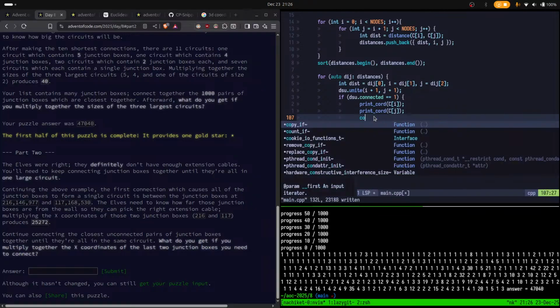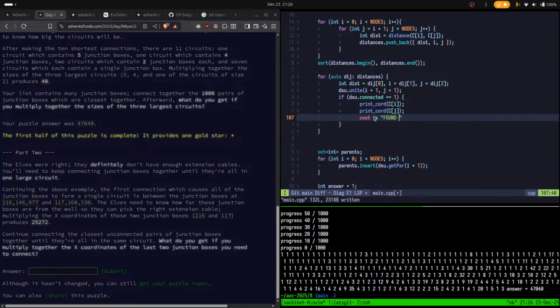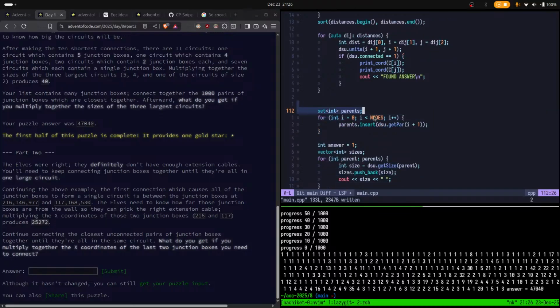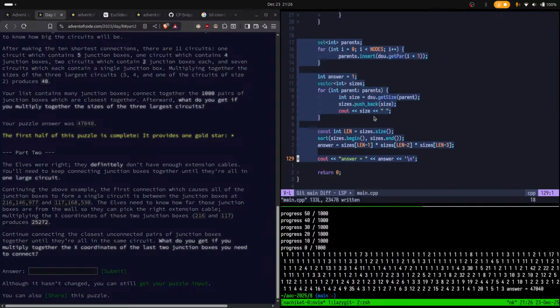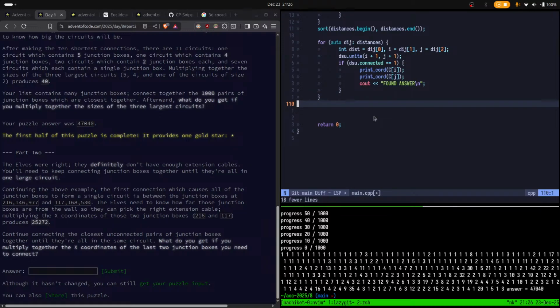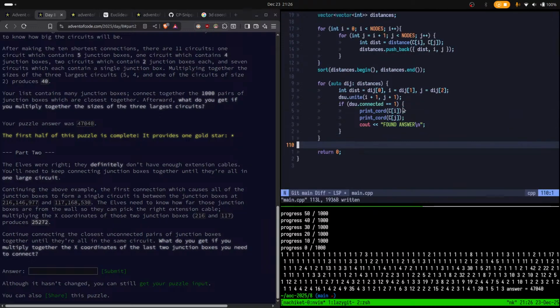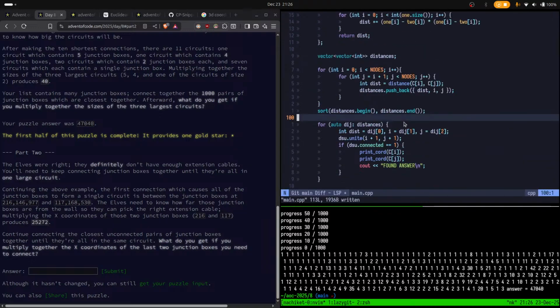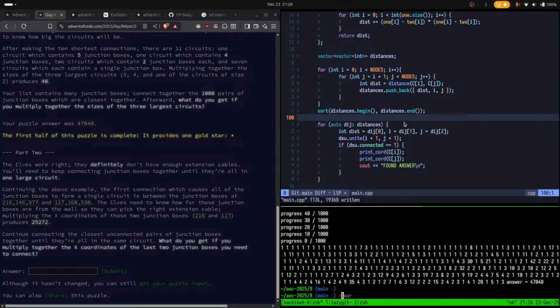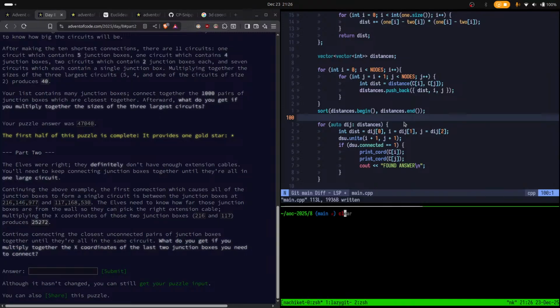Let's also add a found here. We know we don't need to do this. And let's first solve this for the sample input and then I'll figure out. This is main and run on in1.